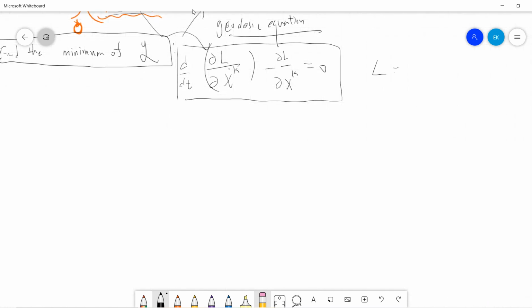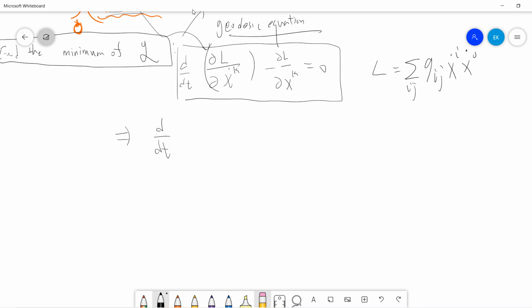Okay, so let's start. This L is the sum over i, j of G_ij x^i dot x^j dot, and I will sometimes use the Einstein convention, so I will not write the sum over i, j. Let's compute the partial of L with respect to x^k dot. It will be two terms.